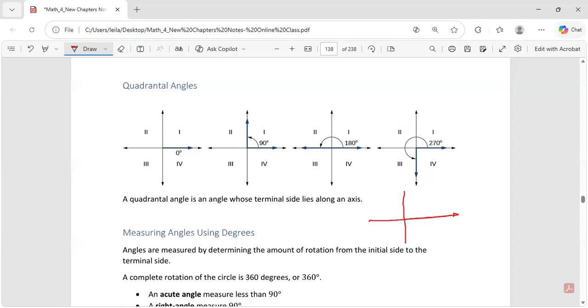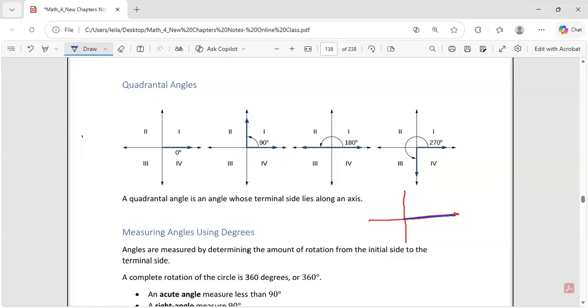This is always the initial side. If we want to have a positive angle, we have to move in a counterclockwise direction. Now, if the terminal side is along the positive side of the y-axis, we have a 90-degree angle.